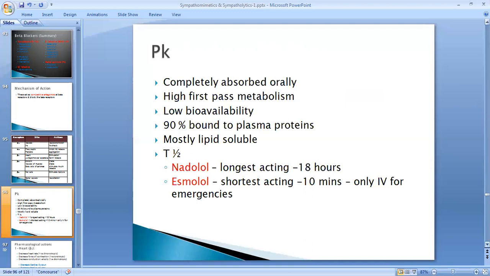Nadolol is the longest acting drug, with a half-life of 18 hours, and esmolol is the shortest acting drug, with a half-life of 10 minutes, and it is given IV, especially in arrhythmias and emergency cases.